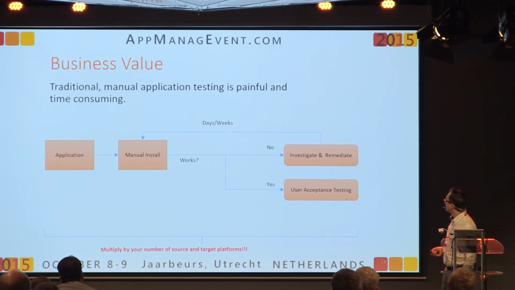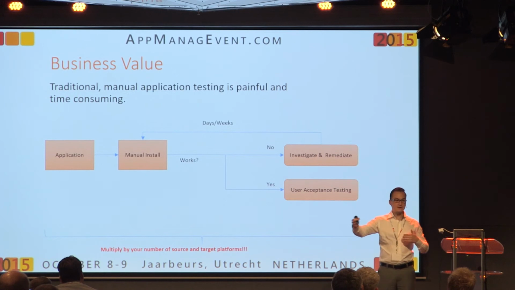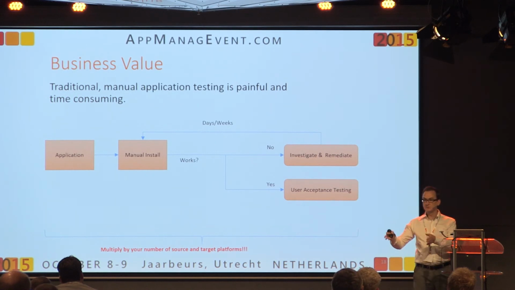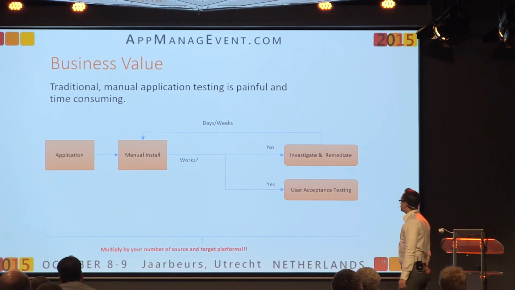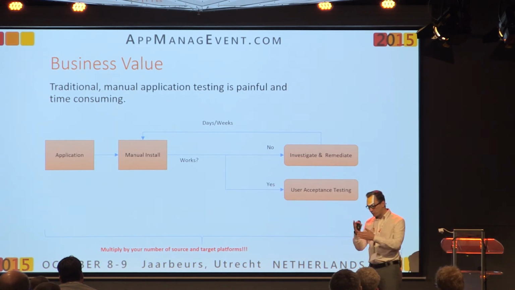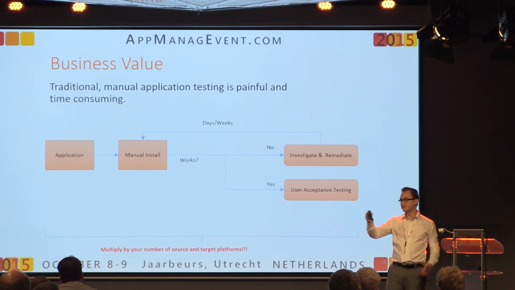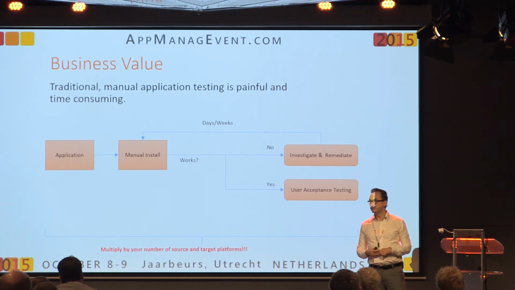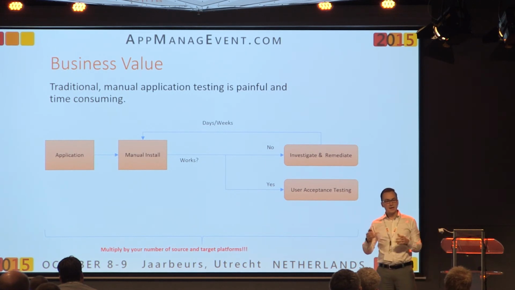This cycle can move through different teams, both in-house and outsourced, and every time it moves, it wastes time and it wastes money. And one of the key things to remember here is if you're lucky enough to be doing something very simple like a Windows 7 64-bit to a Windows 10 migration or business as usual work for a customer, it's probably manageable depending on the size of the portfolio.